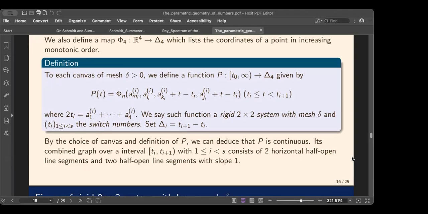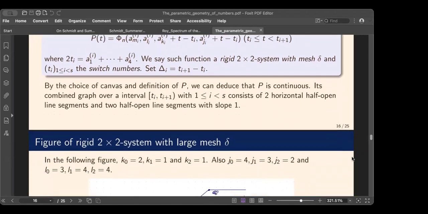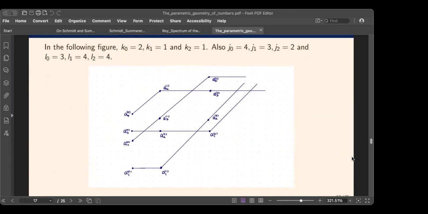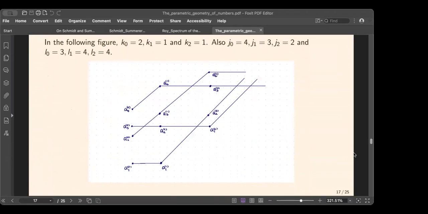But in the 2x2 matrix case, we find that, for example, in this part, in step 2, k1 equals 1 here, and l1 equals 4 here.